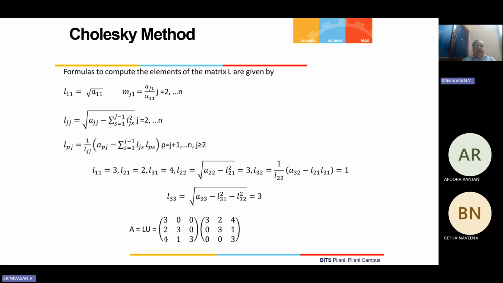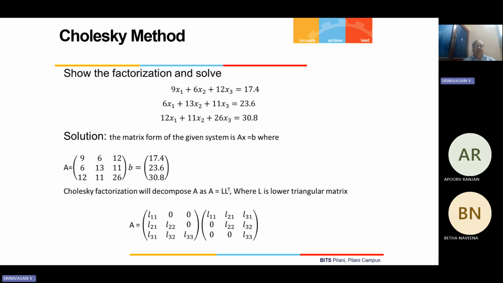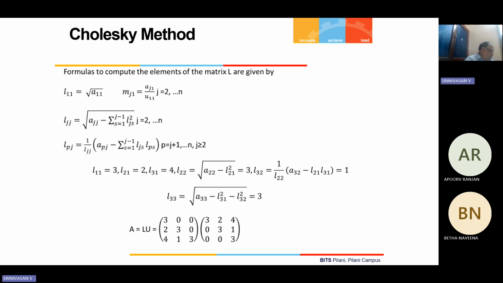Okay. So here, of course, you can convince yourself and ensure that it is following this formula only. Let's see. L11 is root of A11. What is A11? A11 is 9. So I will just take this. You don't need to go back every time. Root 9, which is 3.